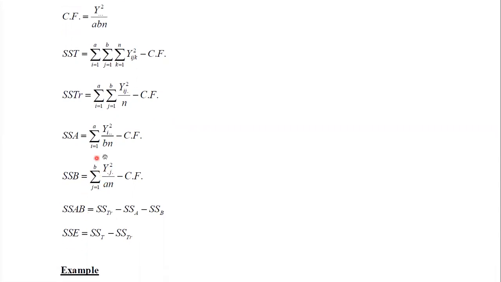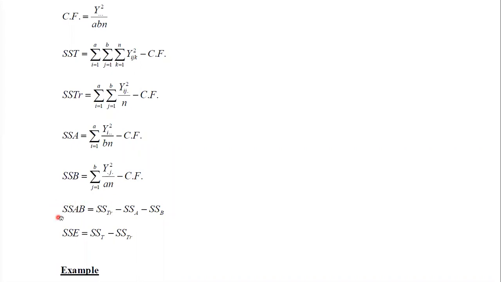For the identification of SSB, the totals have to be obtained and squared, then summed, then divided by the number of levels in factor A into the number of observations in each combination, then subtract the correction factor.